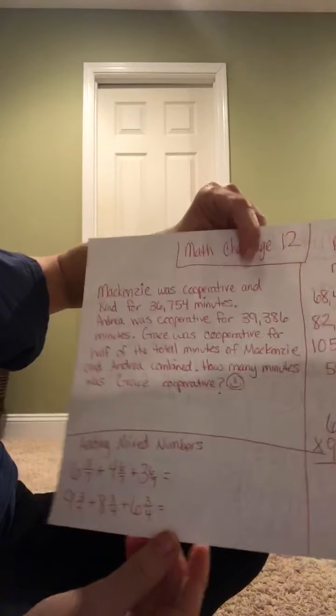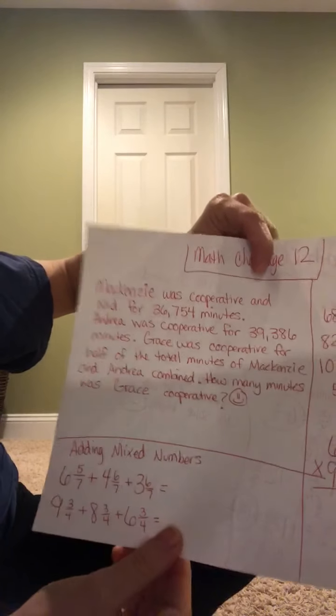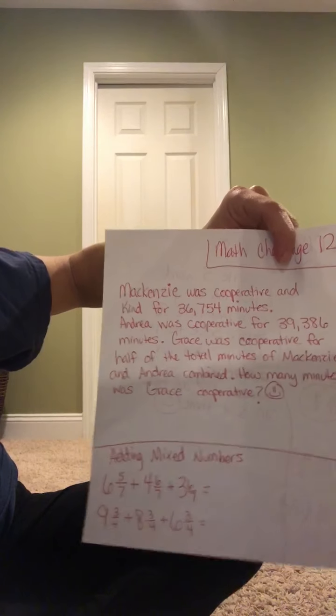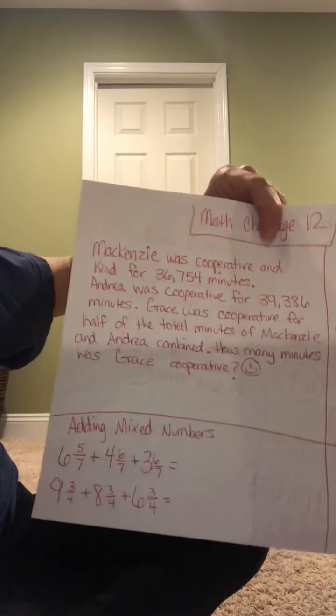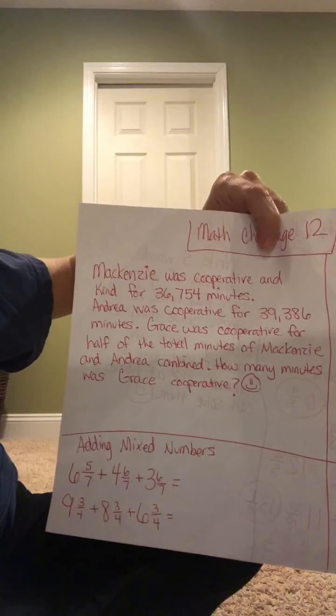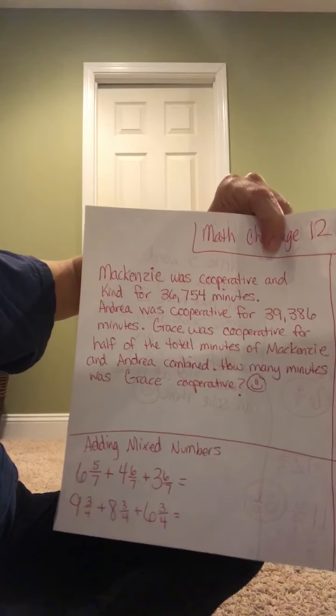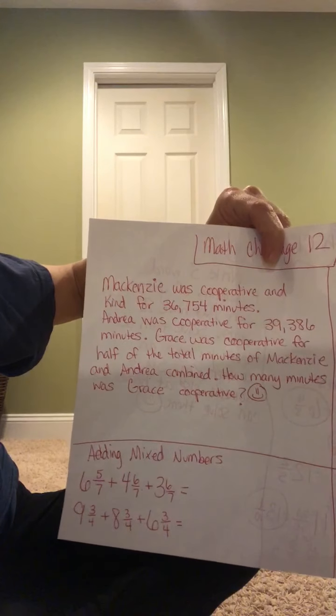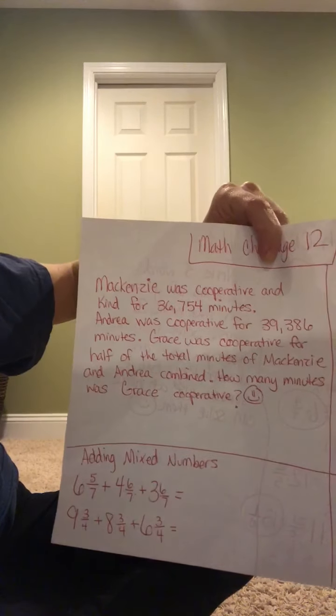Math challenge number 12. Oh, this is fun. Such cooperative children. Mackenzie was cooperative and kind for 36,754 minutes. Good job, Mackenzie. Andrea was cooperative for 39,386 minutes.